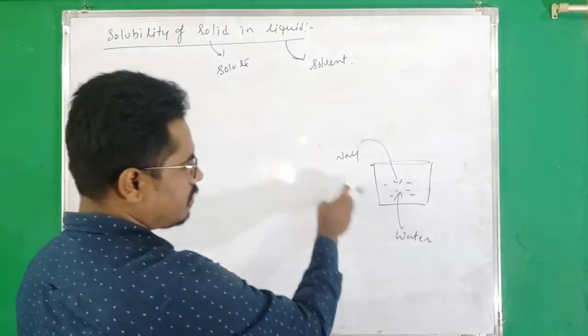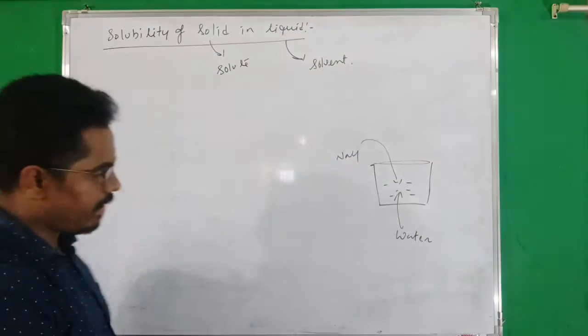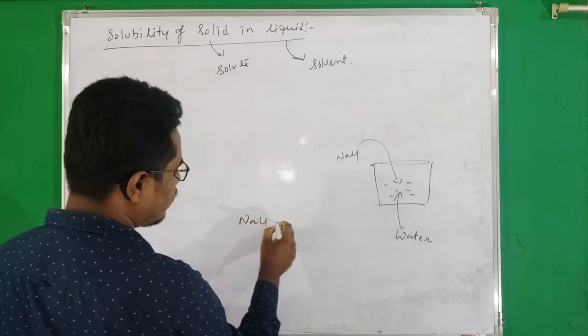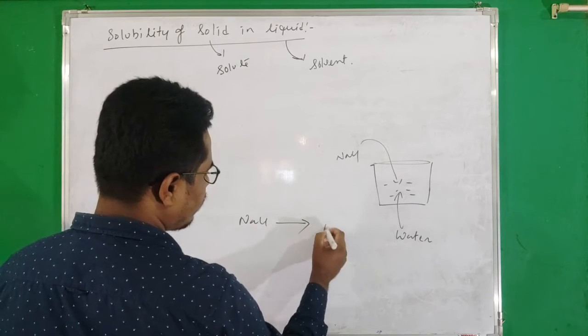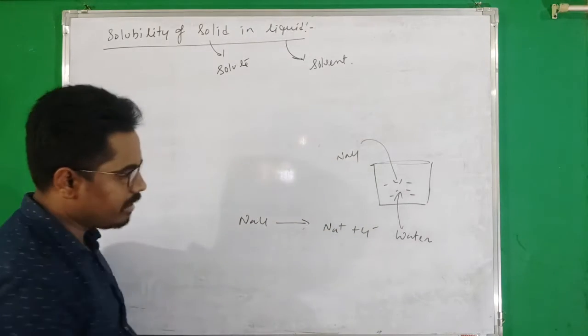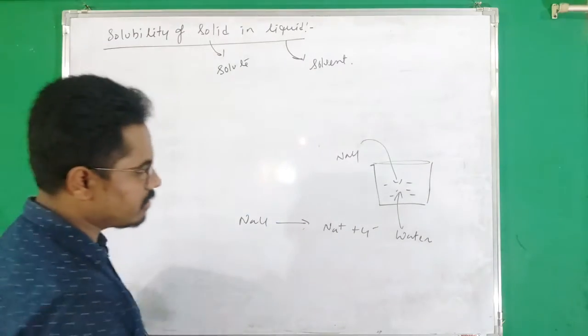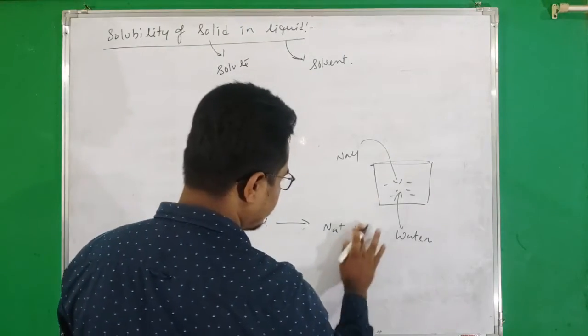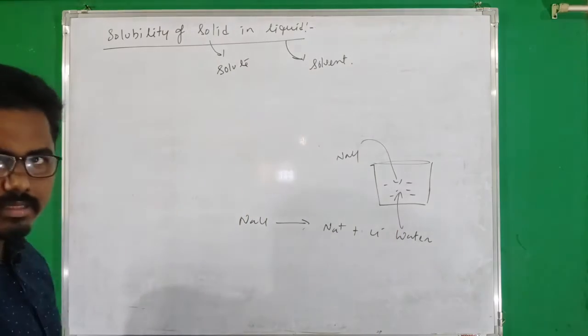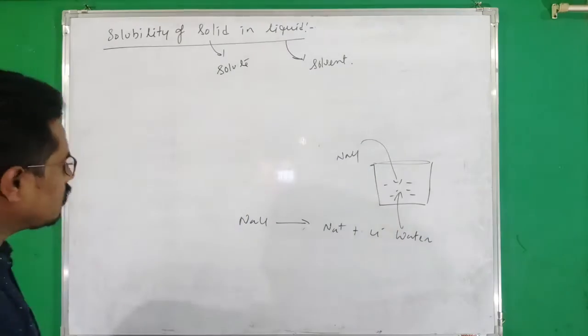When sodium chloride is added in water, so at first the sodium chloride will dissolve in water and they will form Na positive and Cl negative ions. So that means the sodium chloride will dissociate into their constituent ions, and this phenomenon is known as dissolution.